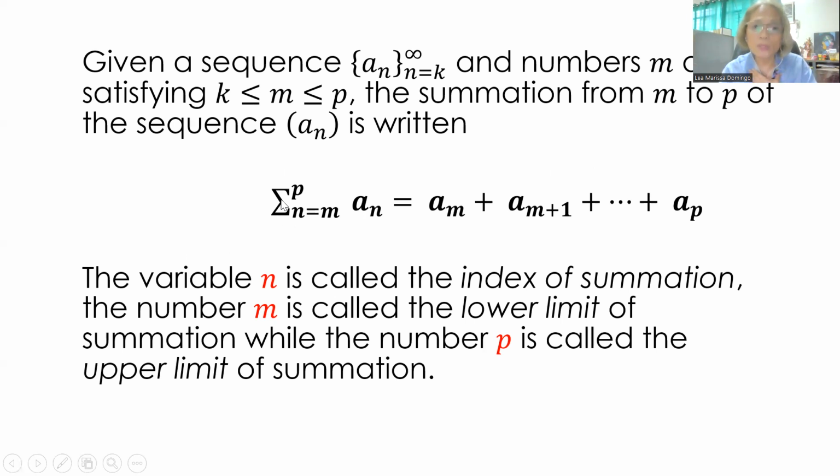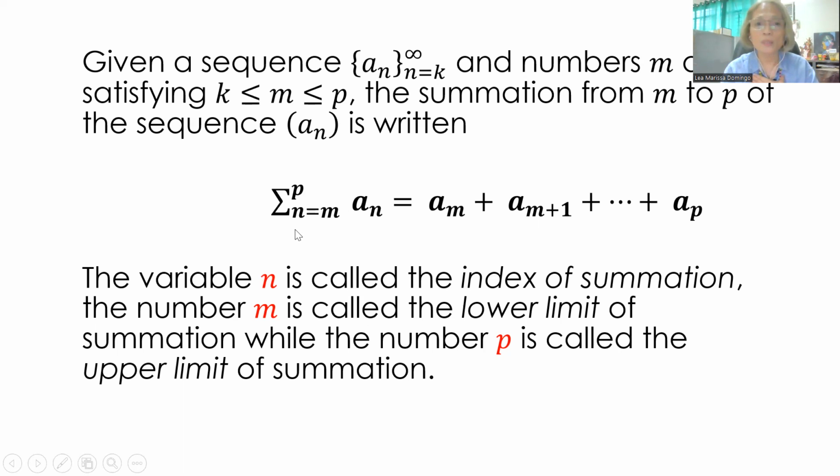Okay? So the summation of the sequence a sub n from n is equal to m up to p. So paano yun i-interpret? So we have a sub m. So that's the first index. So we have a sub m plus a sub m plus 1 plus, plus, until we reach a sub p.